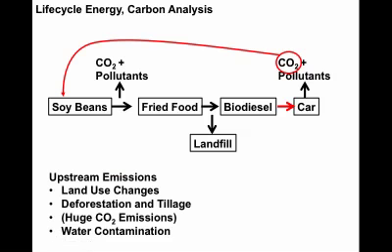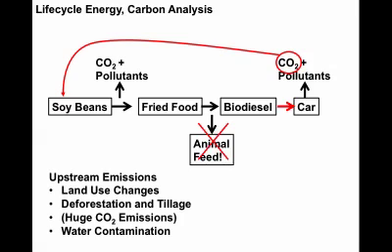What about biodiesel from the waste stream, from food? This seems to be a great idea because we have to grow the soybeans anyway, and after we fry the food with the soy oil, we just throw it into a landfill. So if we now use it for biodiesel, we don't have to take responsibility for any of these upstream emissions for growing the soybeans. So now we have to look at where would this oil have gone? And it turns out that it doesn't go to landfill.